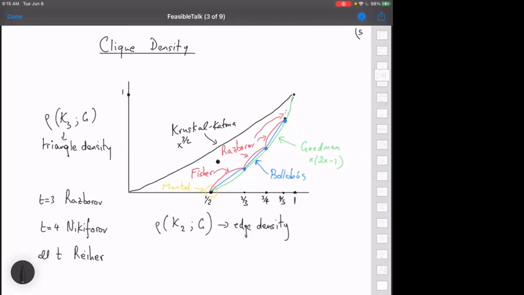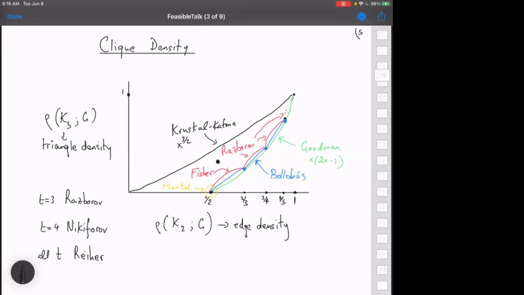And then Fisher proved a better bound, which is actually tight, which is complete partite graphs of unequal part sizes. And then famously, Razborov finished it off by showing that the conjectured extremal constructions for the triangle density problem are in fact sharp, by showing these red curves that I've drawn. These are essentially unbalanced complete partite graphs.